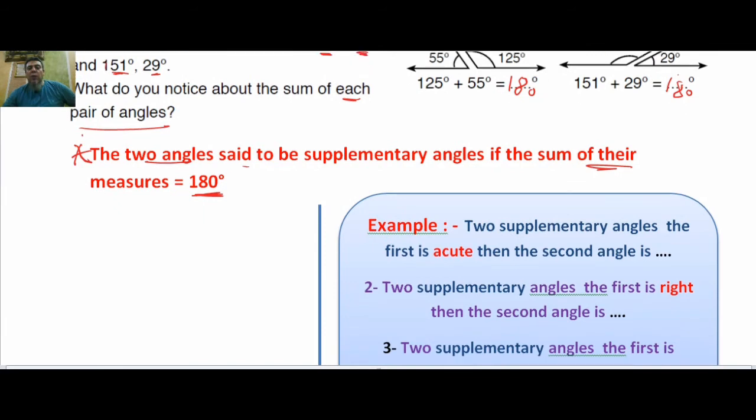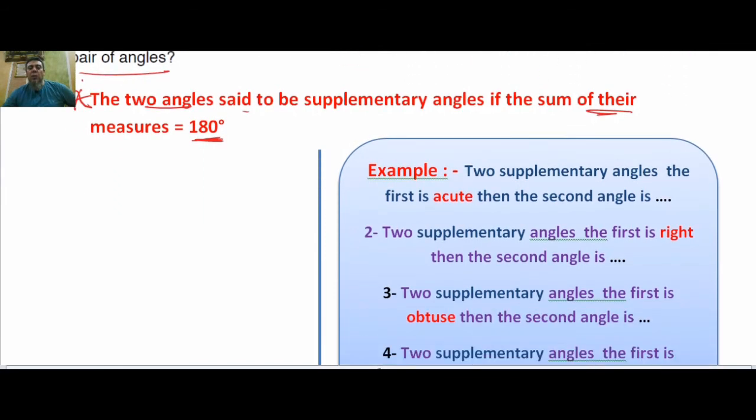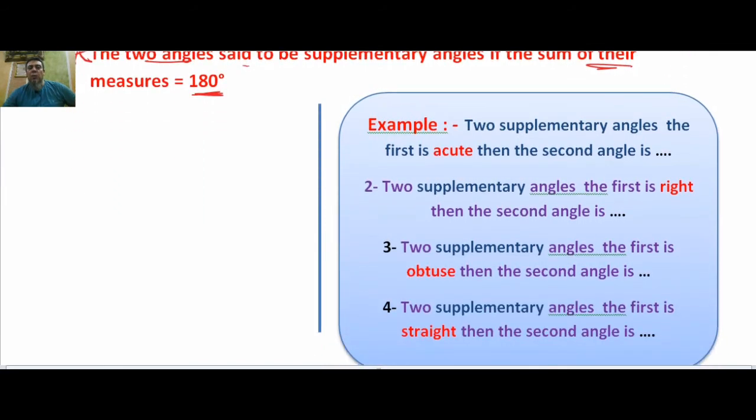What do you notice about the type of the two supplementary angles? We notice that if the first is acute, the second is obtuse.